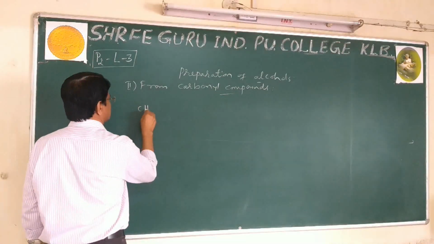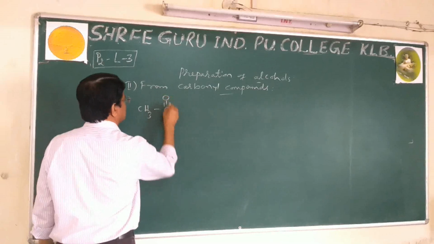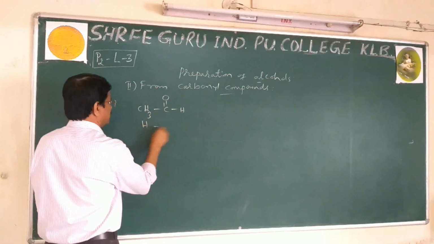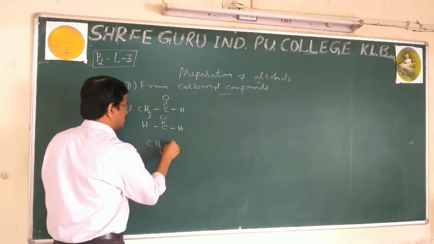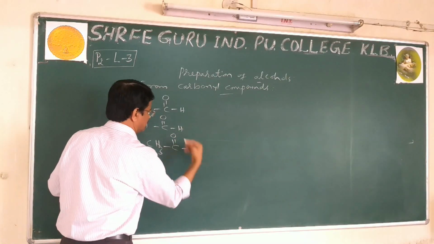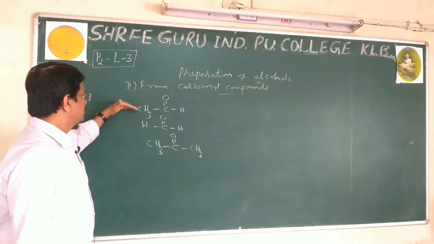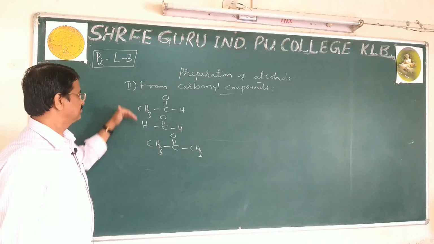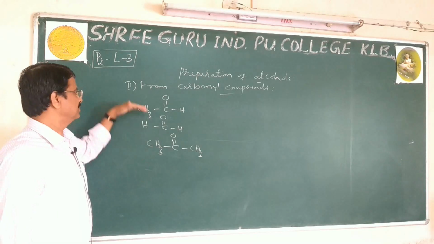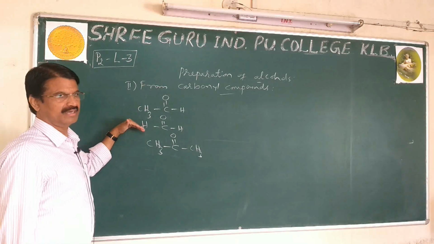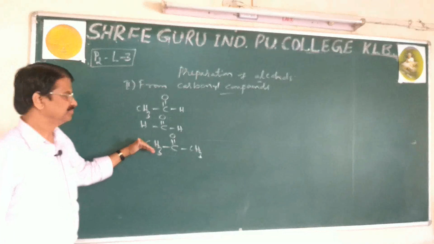First one, CH3CHO, HCHO, CH3COCH3: acetaldehyde, formaldehyde, acetone.